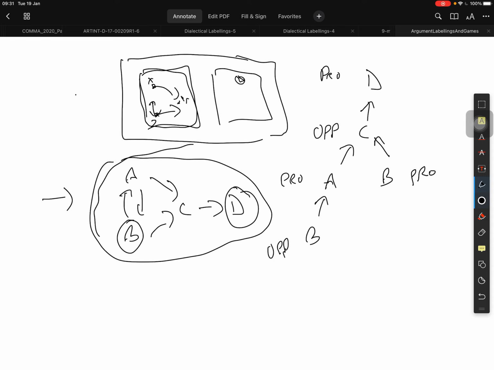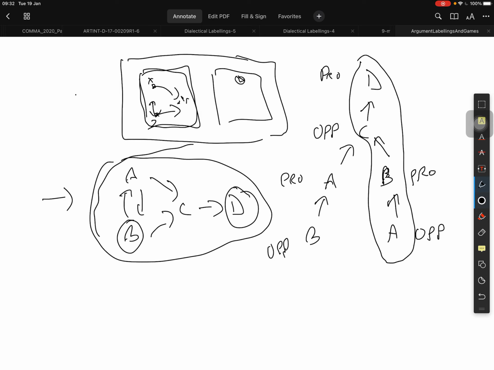So proponent can backtrack and try an alternative. Again, opponent can look at the framework, notice that A attacks B. And at this point, again, proponent, because they've already moved B in this dispute, in this line from root to leaf, can't move B again, according to the rules of the grounded game.